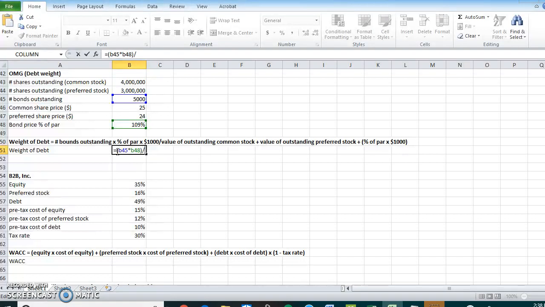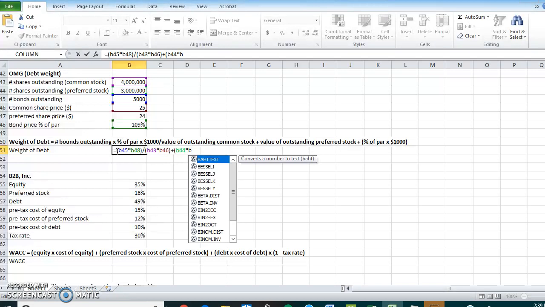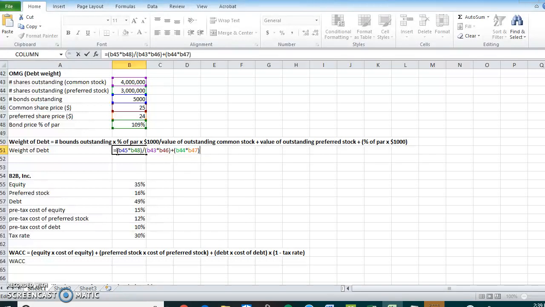Divided by shares outstanding common stock times common share price, B46, plus, parentheses, the number of shares outstanding with our preferred stock, which is B44, times the price of preferred stock, which is B47, close parentheses, plus we have 5,000 bonds outstanding, so that's B45 times the percent of par, which is B48.